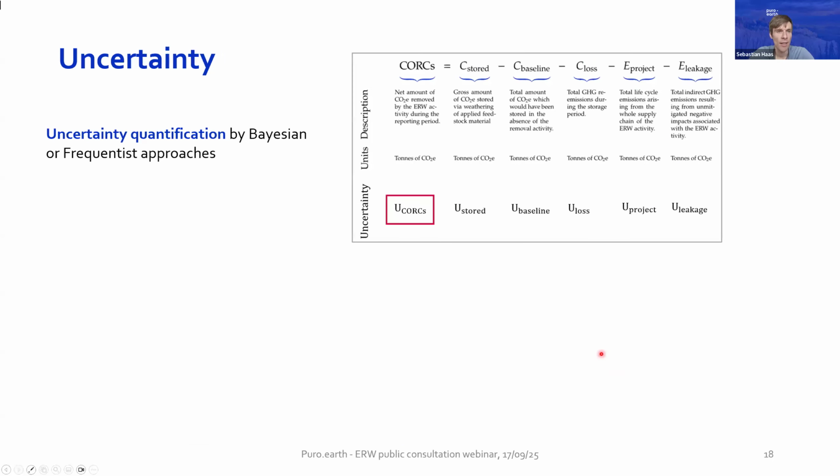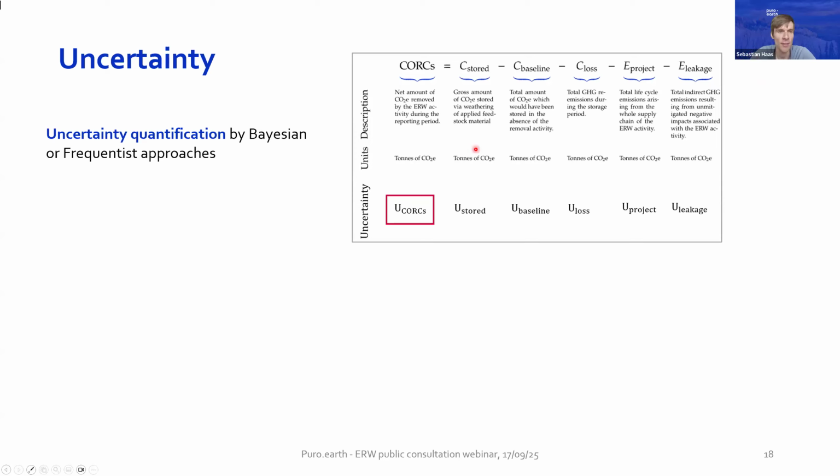Okay, so last topic before I close is on uncertainty. As I said, this is a big chapter we added compared to the previous edition, where we now require specifically the quantification of uncertainty in each of these CORC terms.